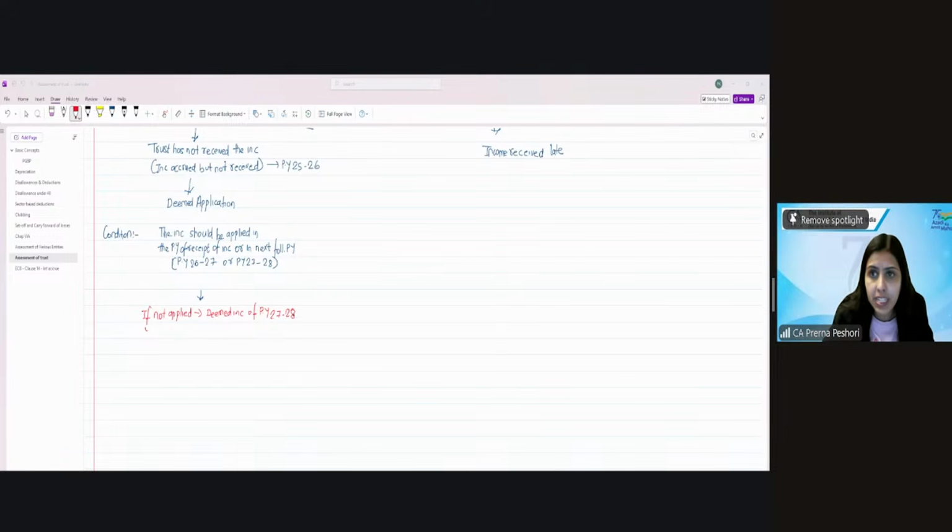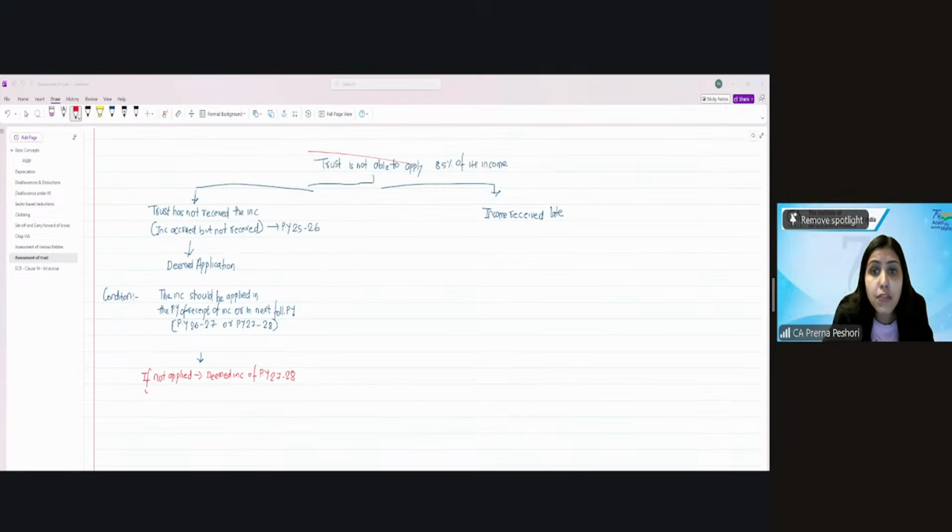In the second case, when the income is received late, in that case, it will again be considered as the deemed application. We will allow it as the deemed application. However, the condition is it will be applied in the next previous year.